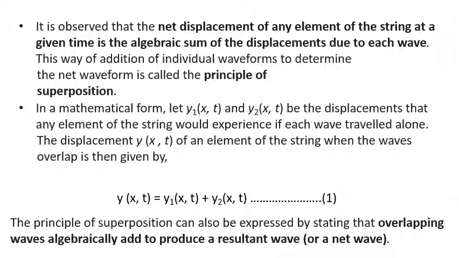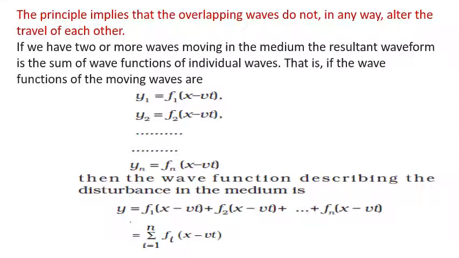In mathematical form, the displacement y of an element of the string when the waves overlap is given by y(x,t) equals y1(x,t) plus y2(x,t), and so on. The principle implies that the overlapping waves do not in any way alter the travel of each other.